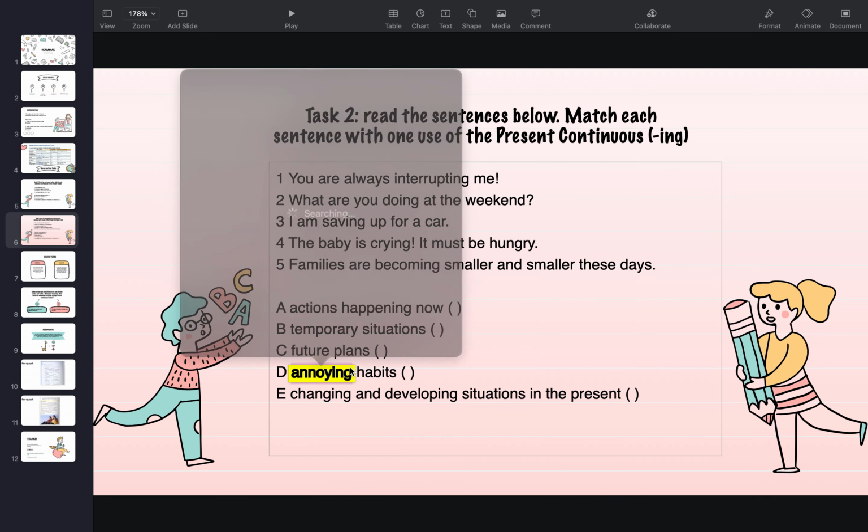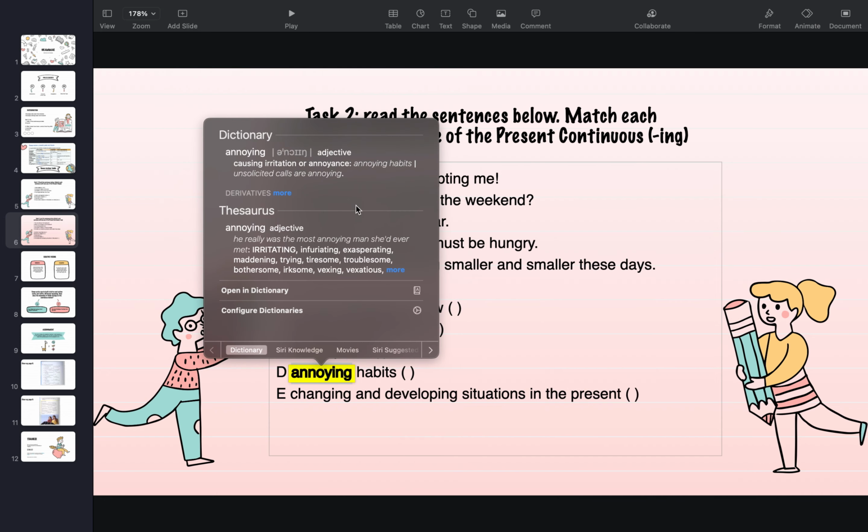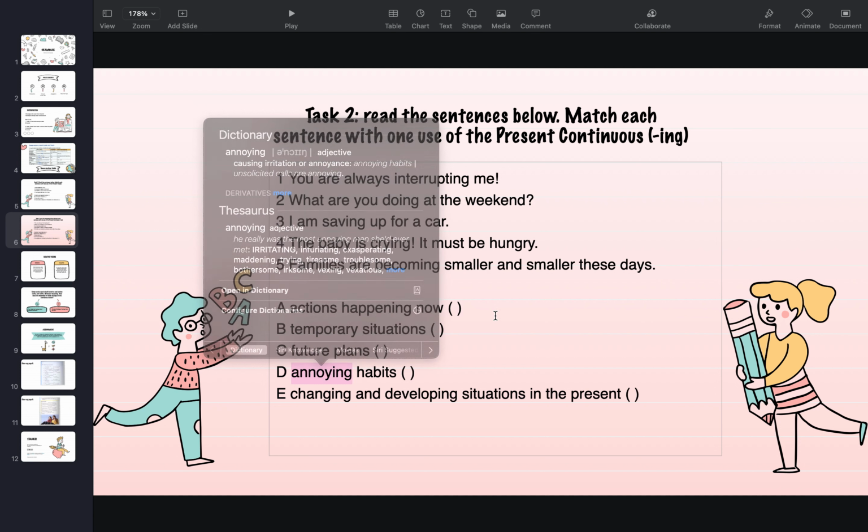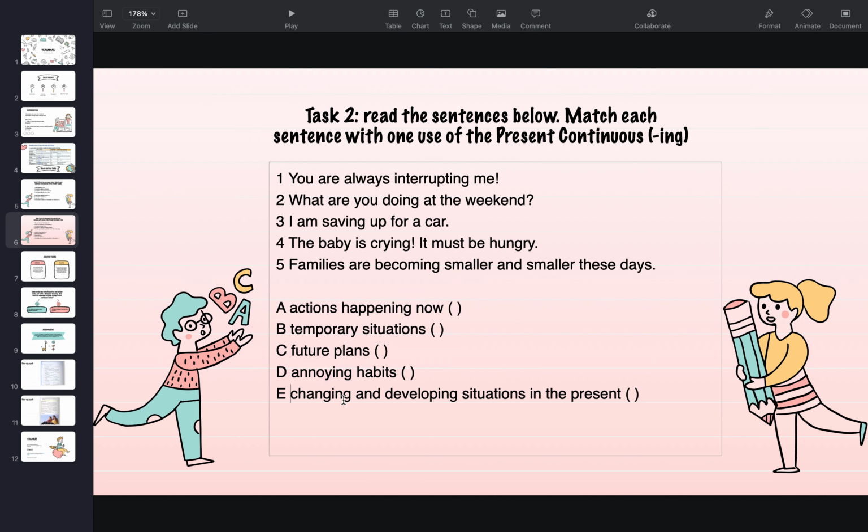Okay, you can look it up. It means benda yang orang tak suka, infuriating, exasperating, maddening, trying, tiresome, troublesome, bothersome, irksome, vexing. Okay, or is it E, changing and developing situations in the present, keadaan yang sedang berubah atau sedang berkembang.